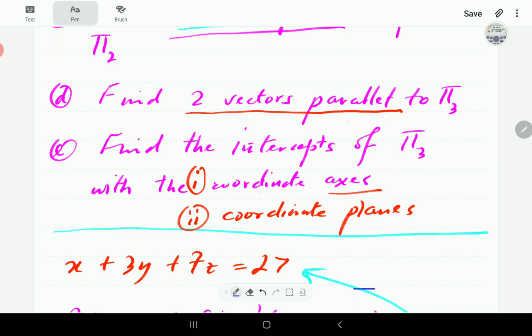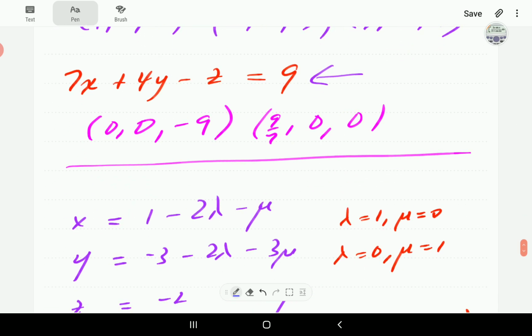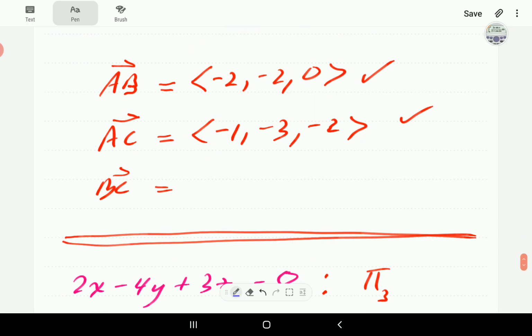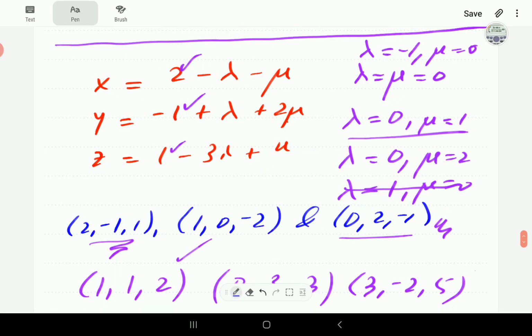The form of the equation of plane 3 which is efficient to do this is the scalar form of the equation pi 3. So let's see if we can find it.